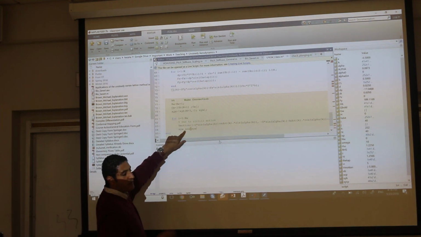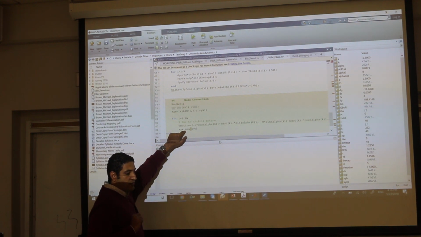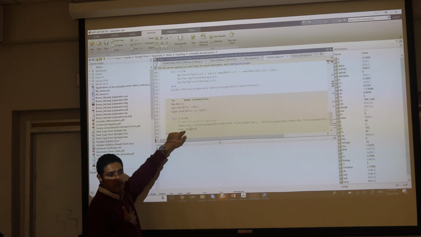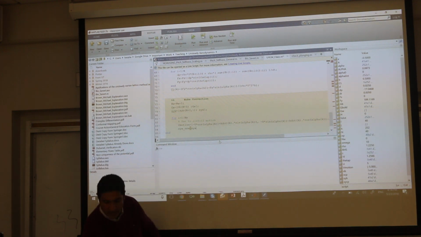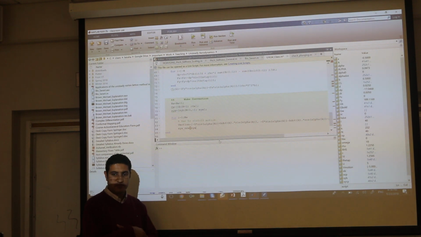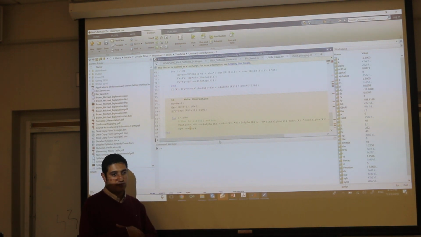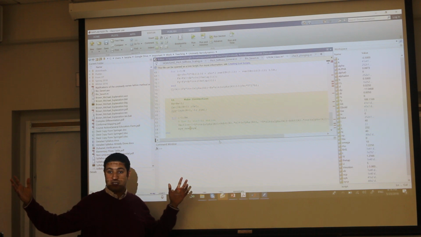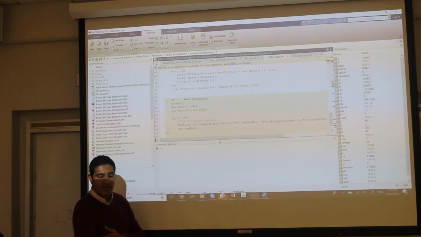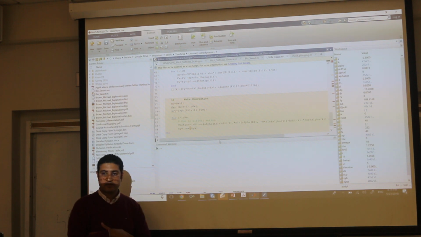If the wake is just stationary, what will be my velocity relative to the airfoil? If this guy is moving with V and I'm stationary inertially, what's my velocity relative to it?